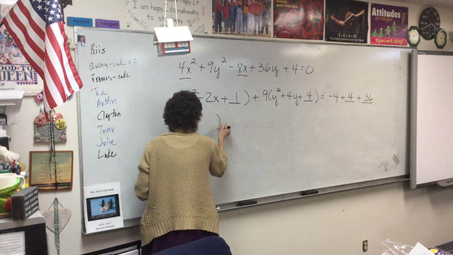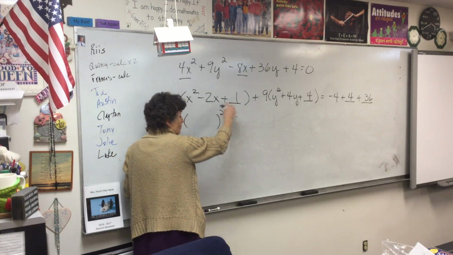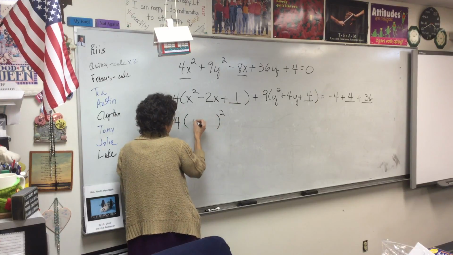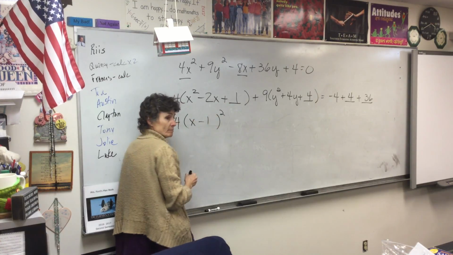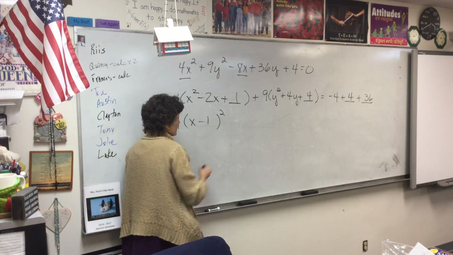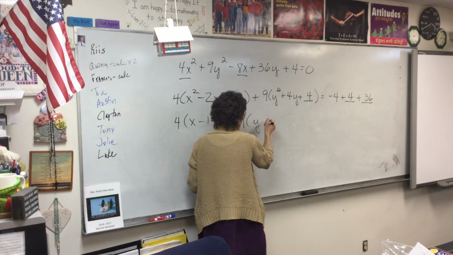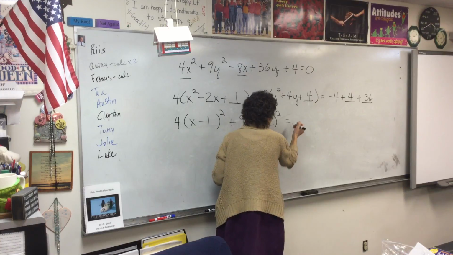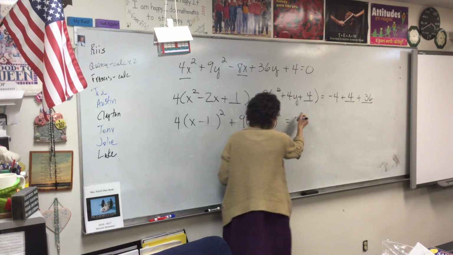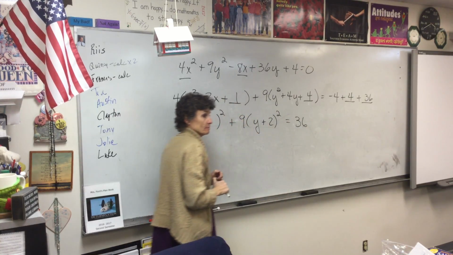Now, this should be a perfect square. That's why we did what we did. This is x minus 1, and this is a perfect square, y plus 2. And it adds up to 36.